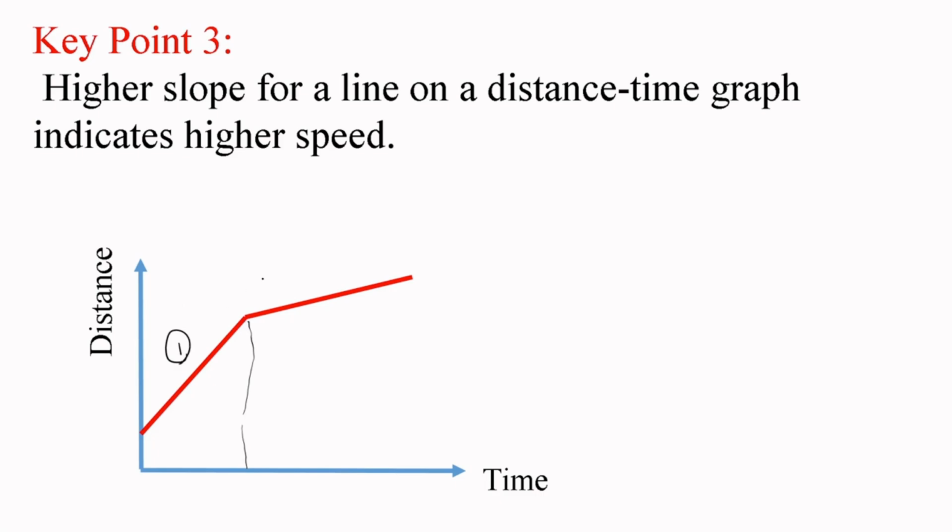This is the first part and this is the second part because we have 2 different lines here. Okay, in which one of them the value of a slope is higher? Definitely m1 is greater than m2. And because the value of a slope in a linear segment on a distance time graph shows the value of a speed, I can realize that S1 is greater than S2. Really simple.